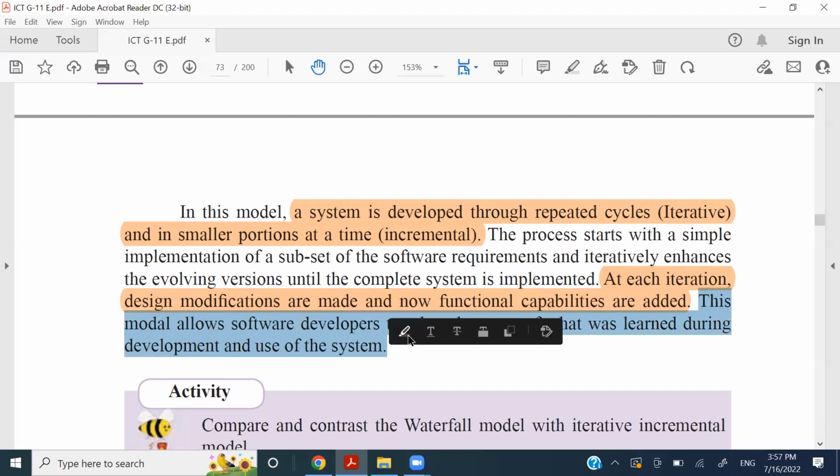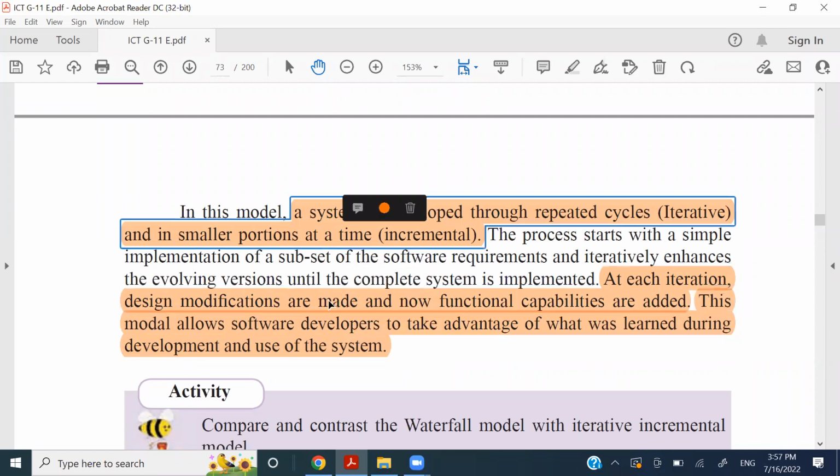Yeah, these 3 lines. Then after, you can draw the diagram that I'm sending to your WhatsApp group. So copy these 3 lines down.